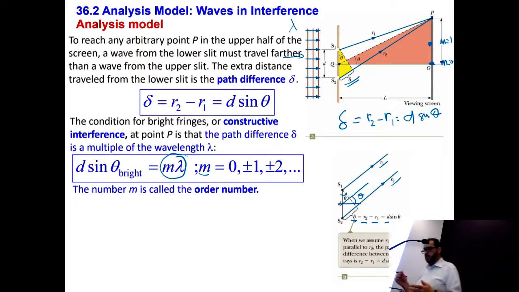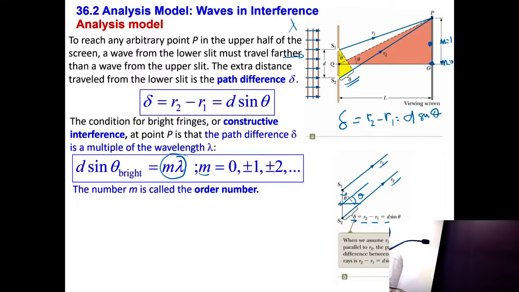So there is a difference between the number of the fringe and the order number. Unfortunately, m equal to 0 corresponds to the first maximum. m equal to 1, going from one direction, is going to be the second maximum, and minus 1 is going to be on the other side, and so on.